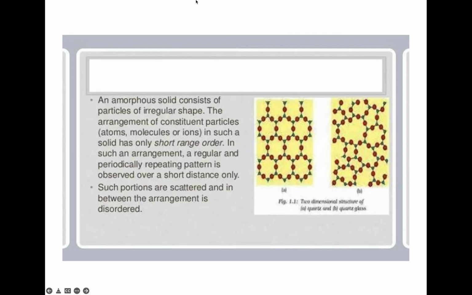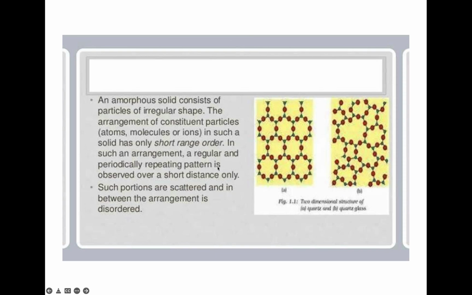Okay, next we were talking about amorphous solids. You have just seen things like talcum powder, very soft and irregular in shape, with an irregular arrangement of constituent particles like atoms, molecules, ions and so on. In such a solid, there is only short range order. See the figure here, the two-dimensional structures of quartz and quartz glass are given here.